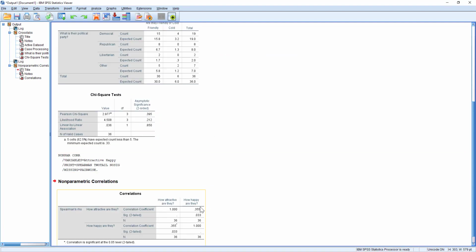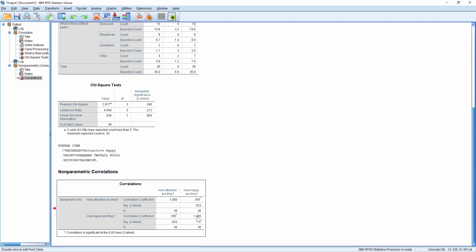Here come our results, and our Spearman's rho is 0.355, and to see if it's significant, we look at this 0.033 and we compare it to what number? 0.05. It's less than that, and that means we reject the null hypothesis.